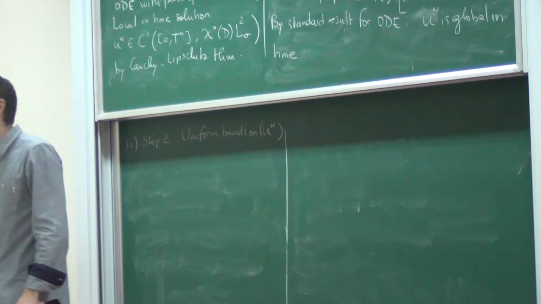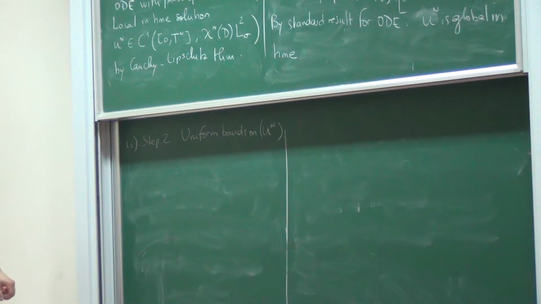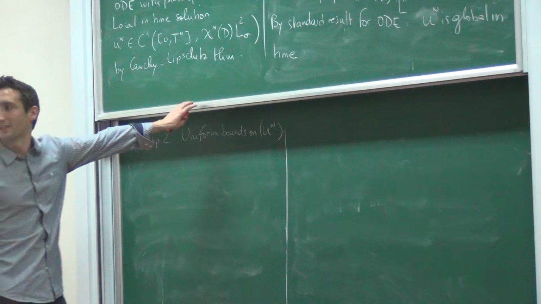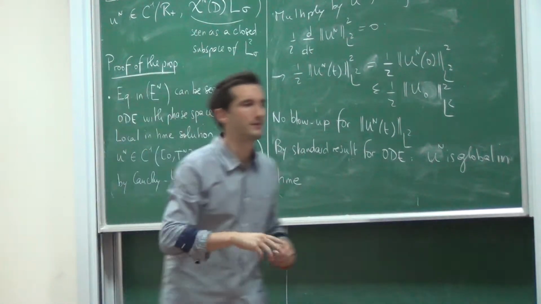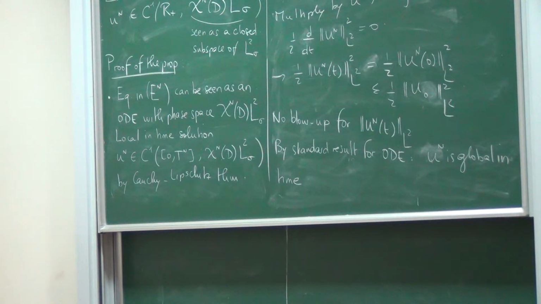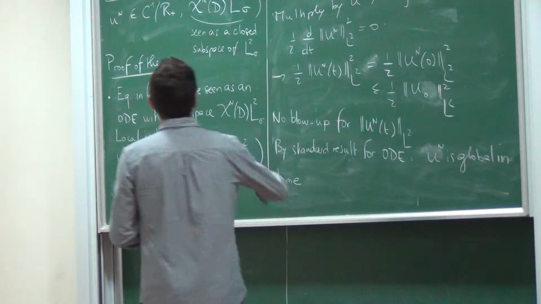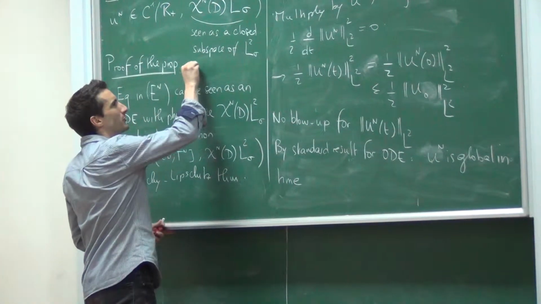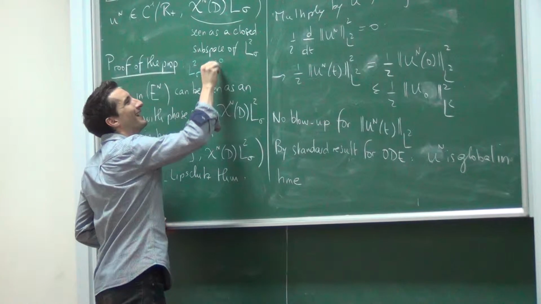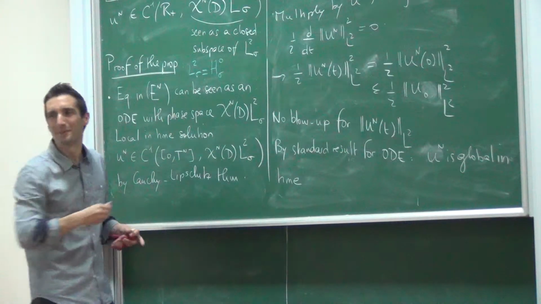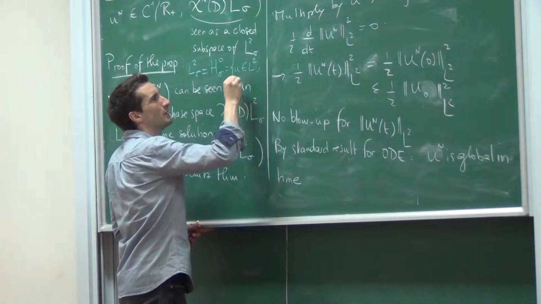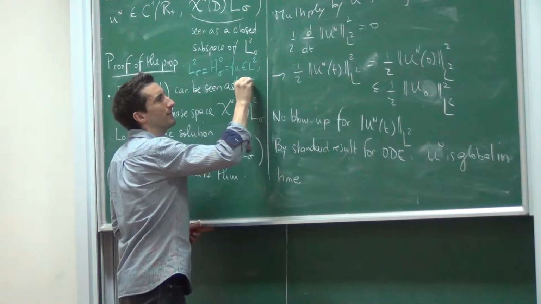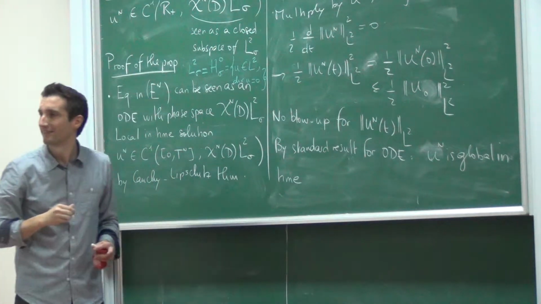Yes? What is L2 sigma? So L2 sigma is, sorry, let me say that more clearly. It's the divergence-free L2 fields. So that's H0 sigma. That's the fields in L2 which are divergence-free, right?